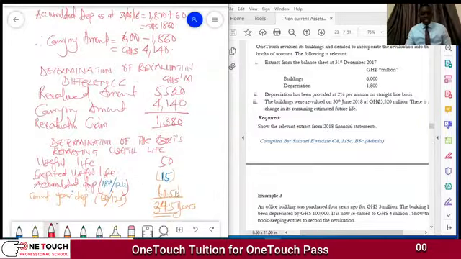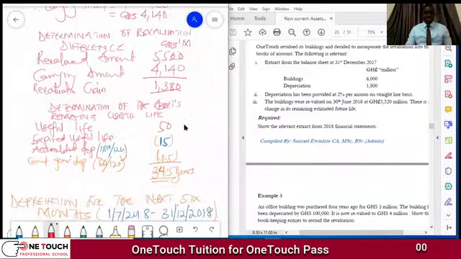Good. Then afterwards, we needed to determine the number of years that the asset has to go, or the estimated remaining useful life, because the asset was revalued midway through the year.